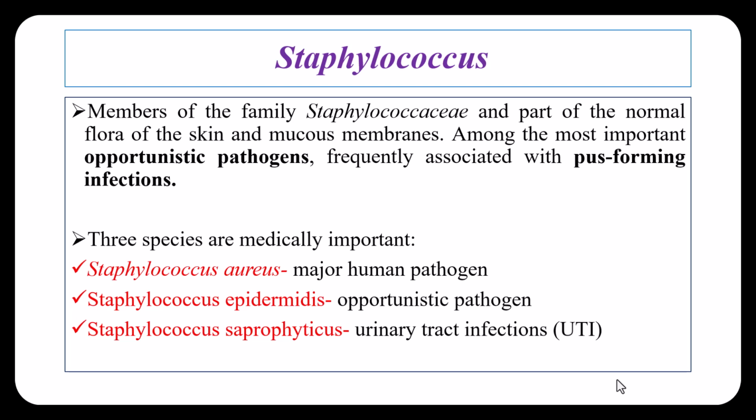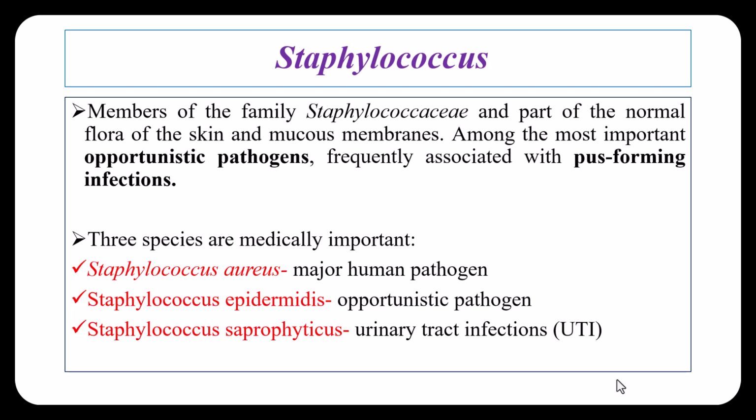Staphylococcus belongs to the family Staphylococcaceae. So the genus is Staphylococcus and the family is Staphylococcaceae, and it is part of the normal flora of the skin and mucous membrane. So it normally lives in our body, but it can act as an opportunistic pathogen, especially when the immunity is low or the skin is broken.